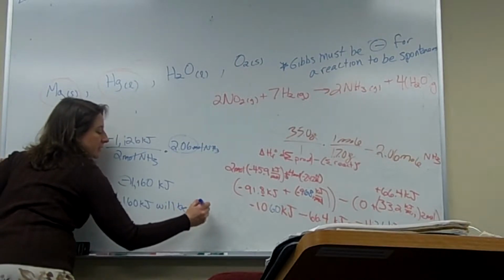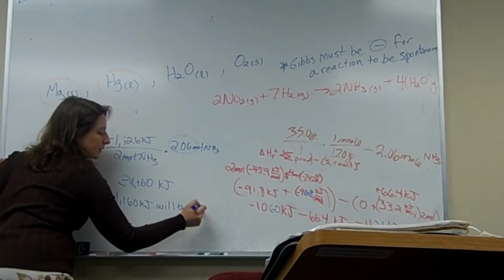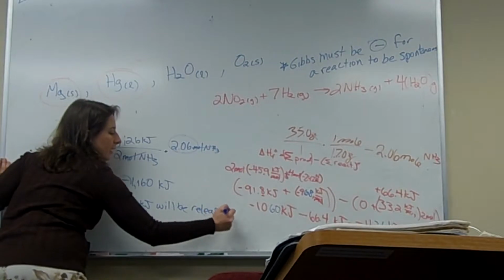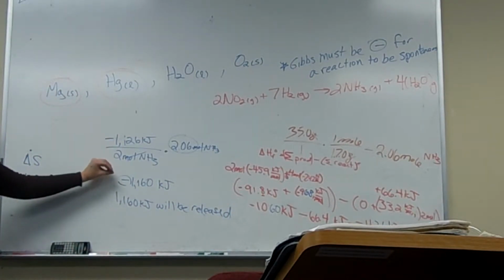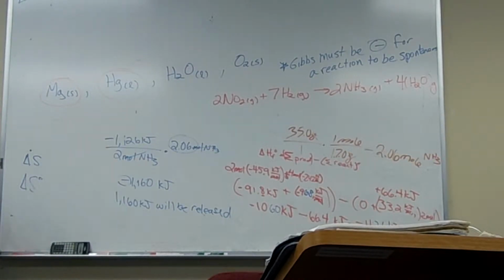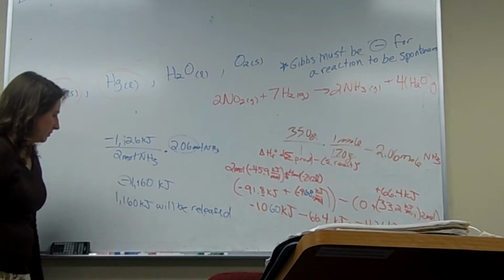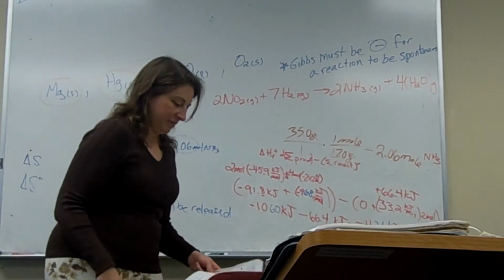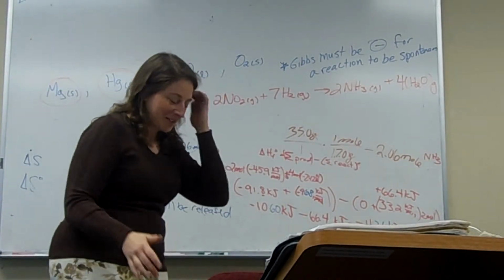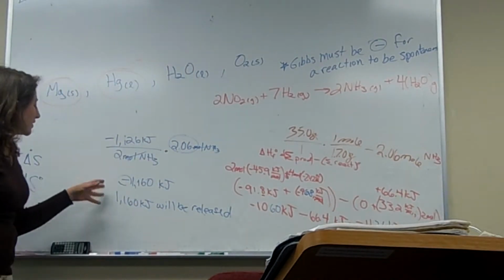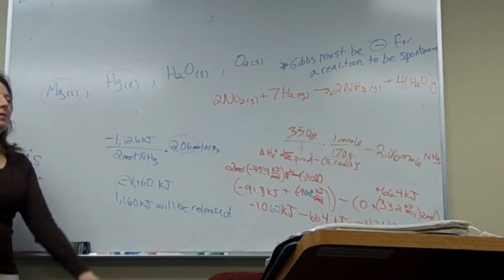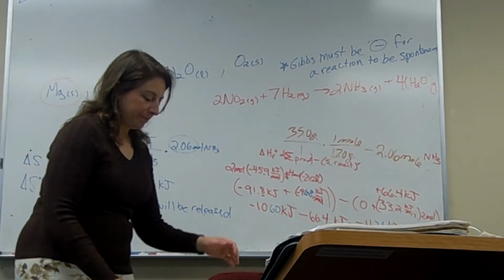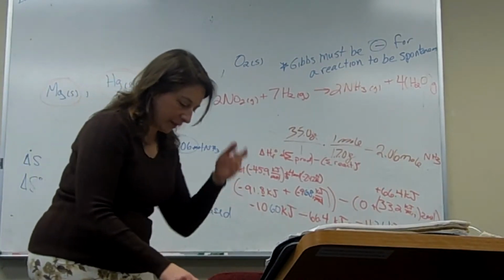But if I end up with a negative answer, by definition, that is energy being released because it's a negative enthalpy. So if you want to follow the steps in the book, that's fine. If you just want to think like negative enthalpy means it's exothermic, energy is being released, that's fine. It's all the same thing.